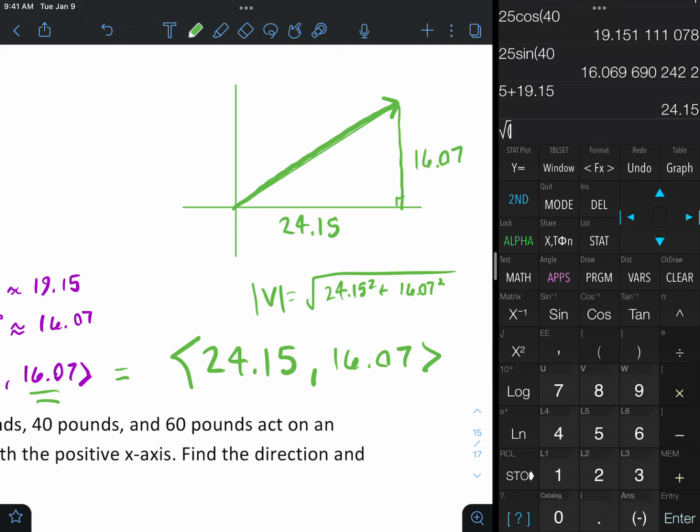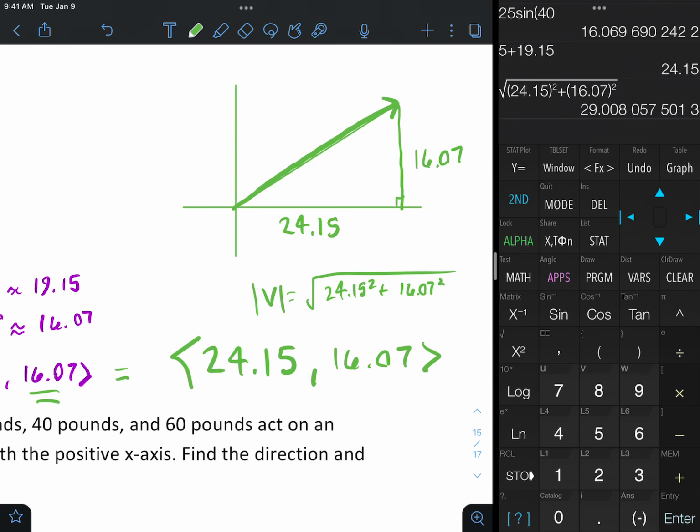It's not going to make a difference since these are both positive, but you would want to type it in just like this to the right. Squared and then plus parentheses 16.07 squared.